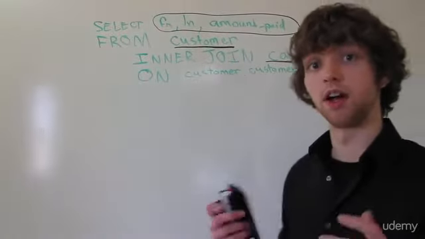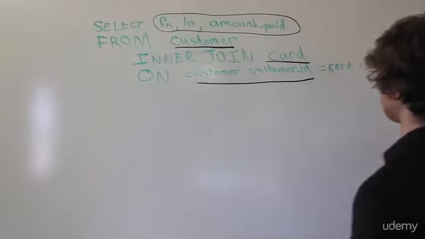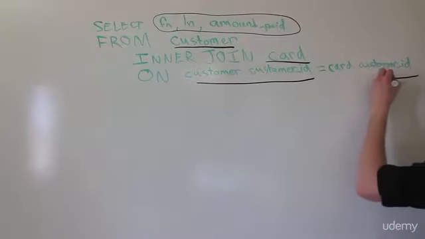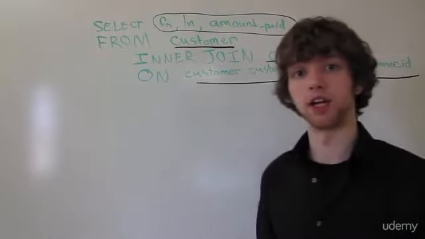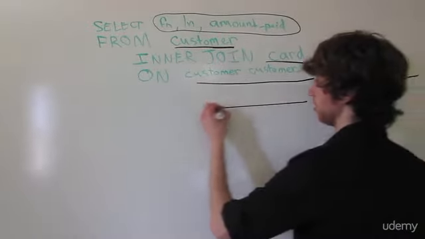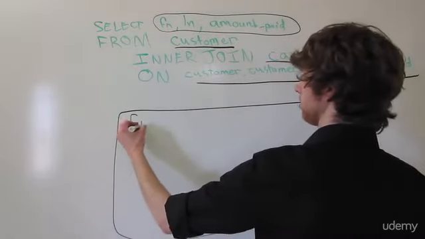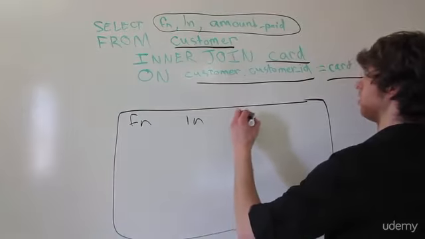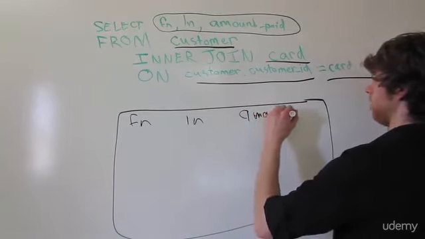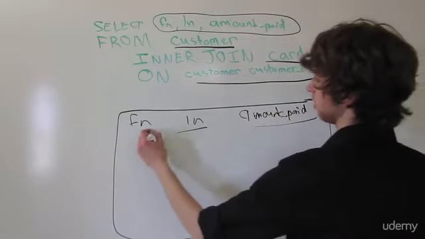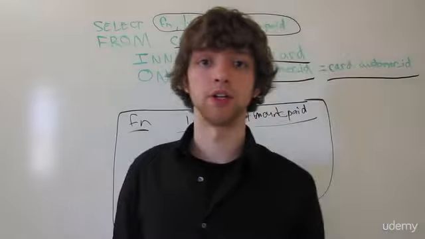And then we have to say how they're related. That's the customer ID of the customer table is equal to the customer ID of the card table. And that's how you get your joined results. So the end result would of course look like this. And you're going to have first name, last name, and then amount paid. There you go. So that is how an inner join works.